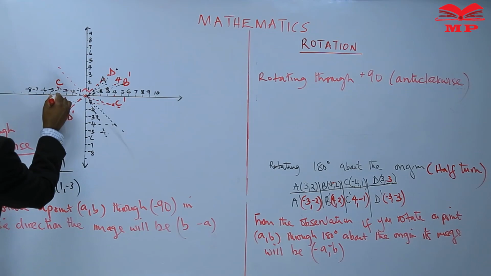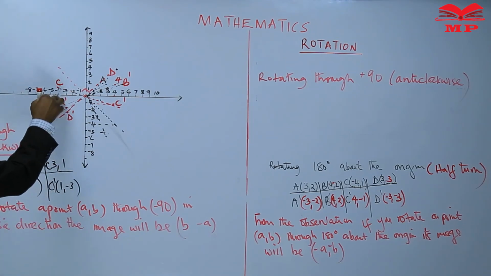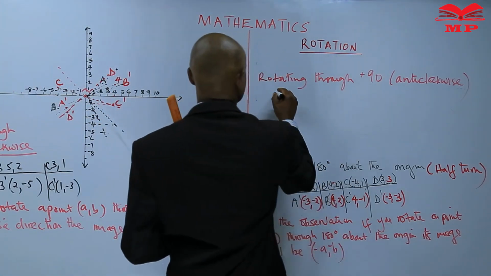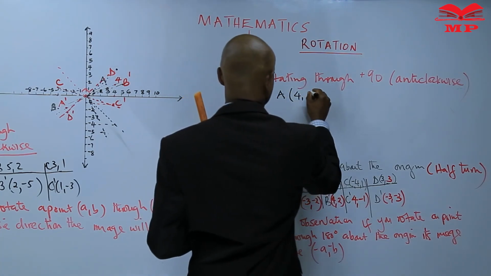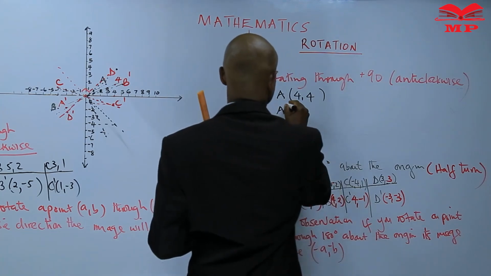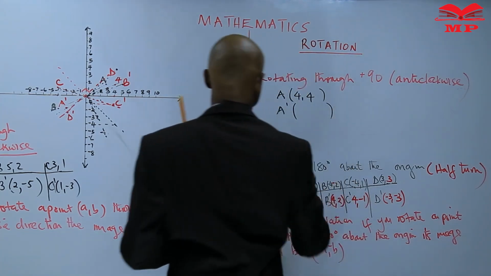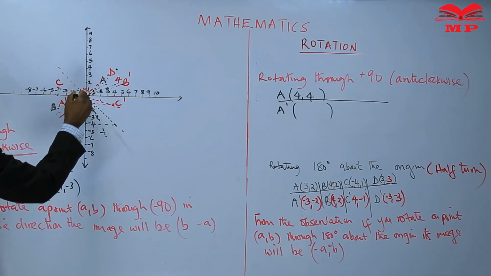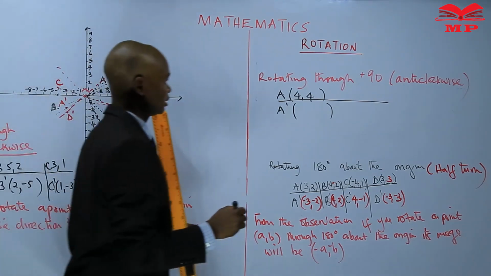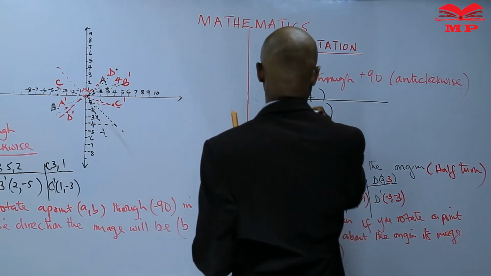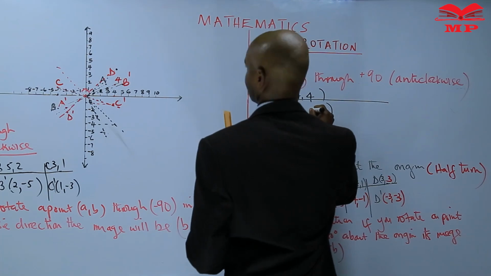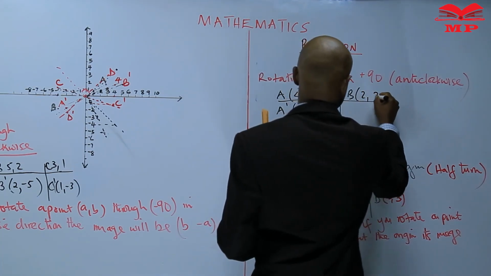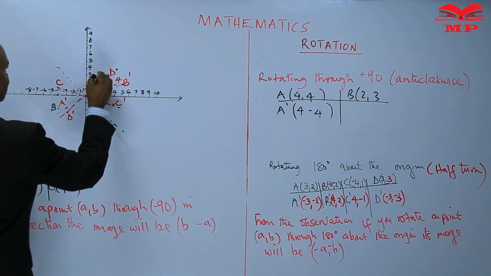You'll come and have -4, 4. Let's look at 2, 3.